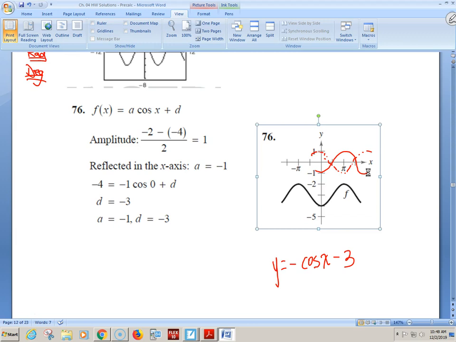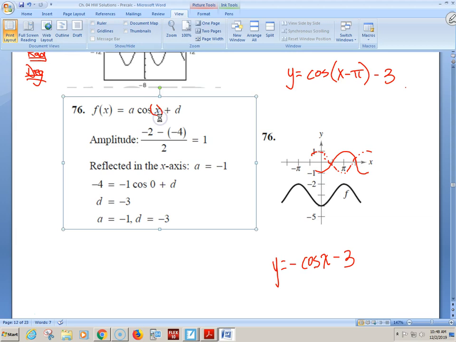There are other ways you could have written it. You could have also done something like y equals normal cosine of x minus pi, minus 3. Now, technically they made it so you couldn't, because they didn't allow you something on the inside of cosine. But why does this match up with the exact same curve? What is this saying to do to a cosine curve?